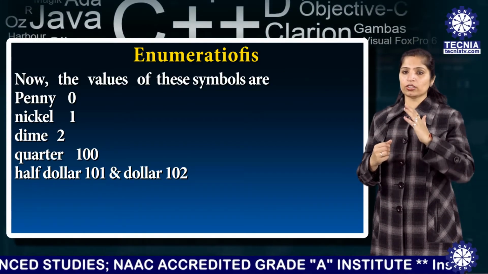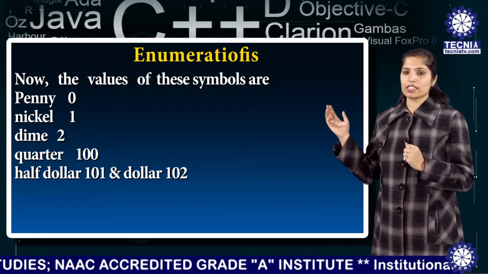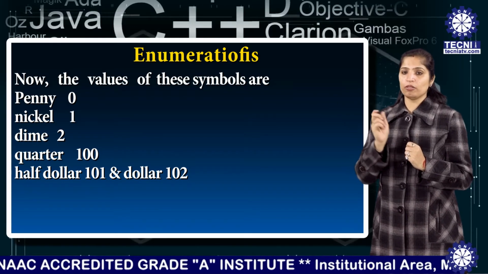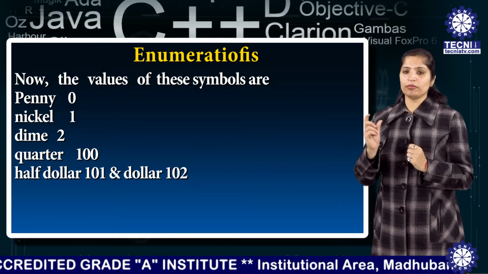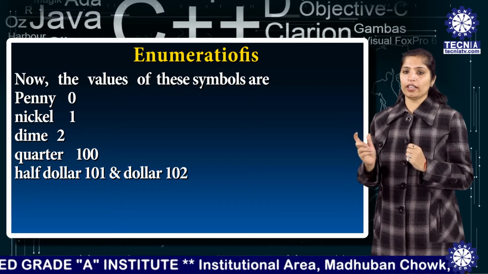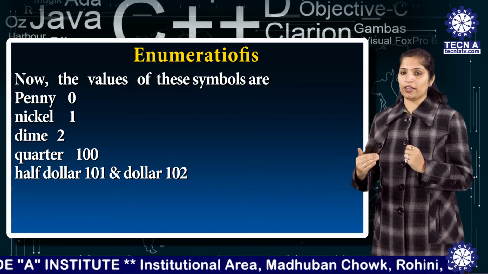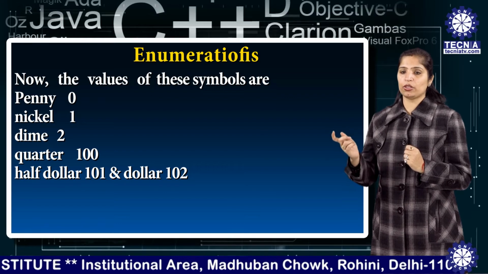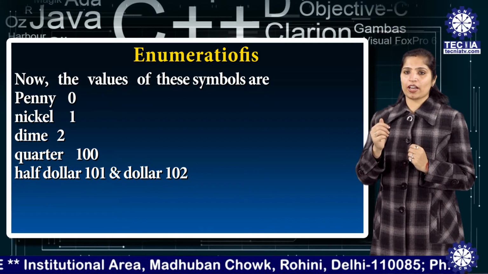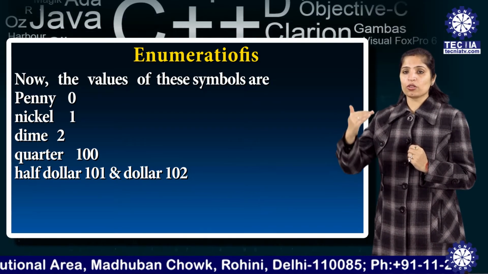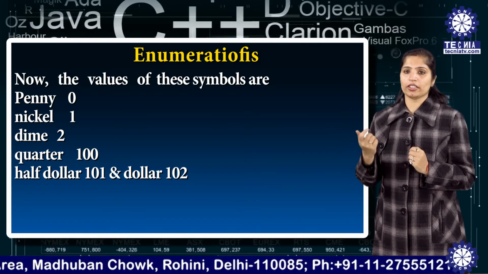So, the values of these symbols, as you can see, are penny 0, nickel 1, dime 2, quarter 100, half dollar 101 and dollar 102. Because we initialized the value of quarter as 100, it will increase from the quarter itself.